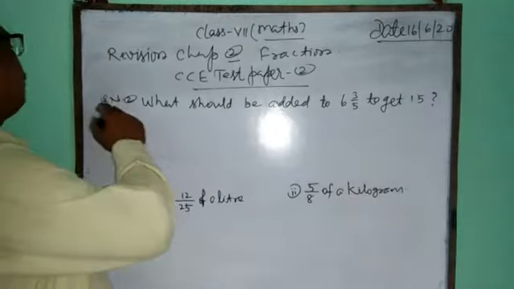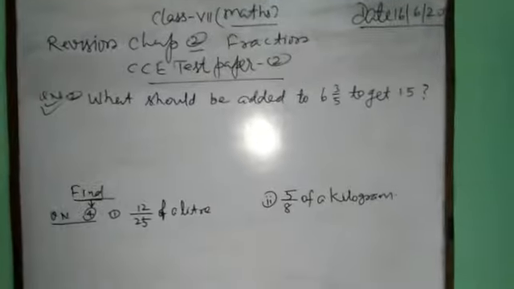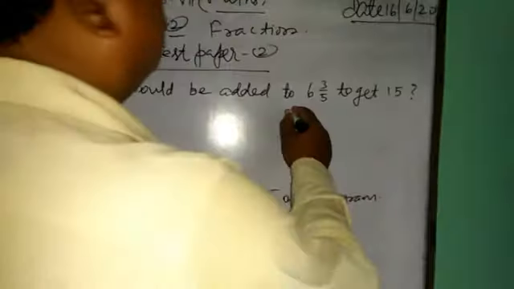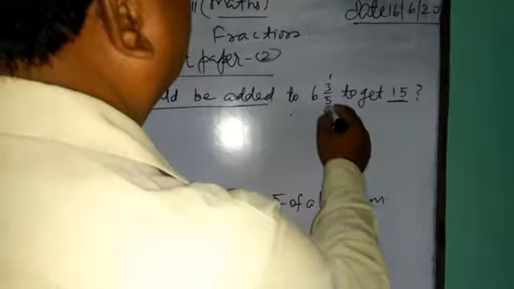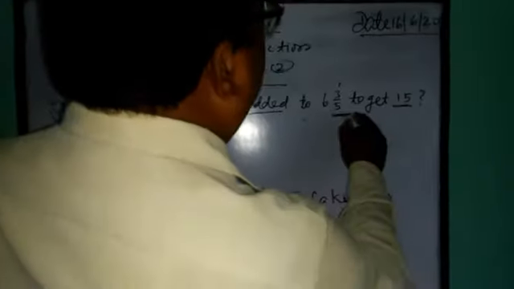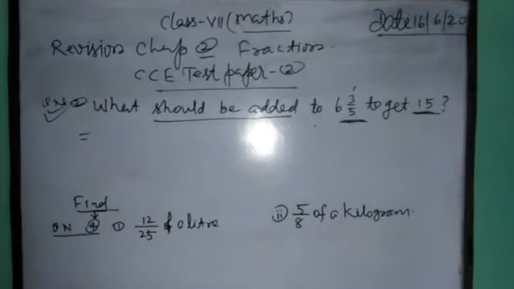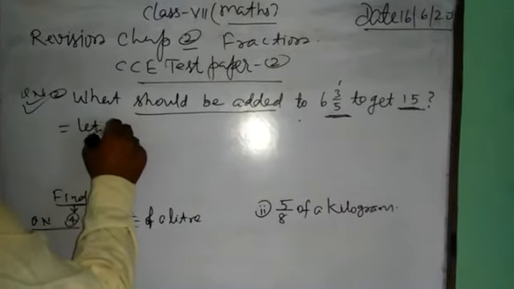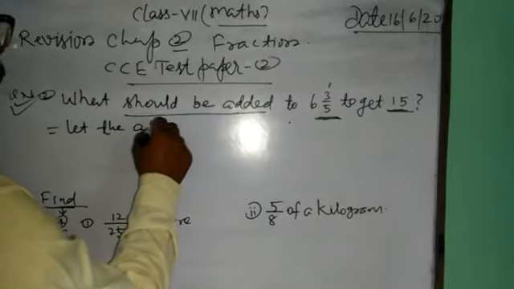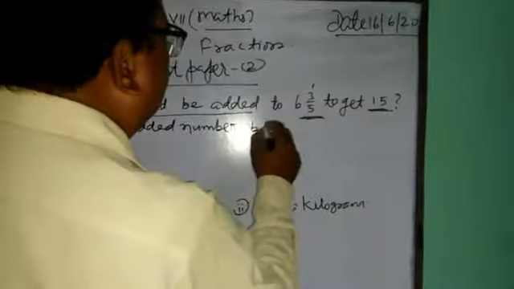Students, look forward to the board side. Question number 2. What should be added to 6 whole 3/5 to get 15? In the solution, let the added number be x.